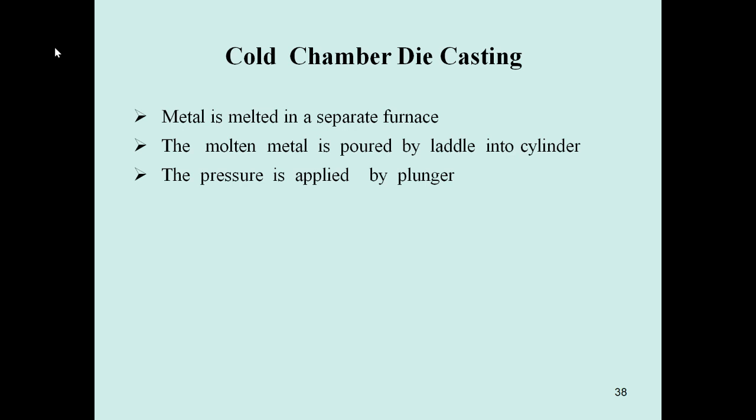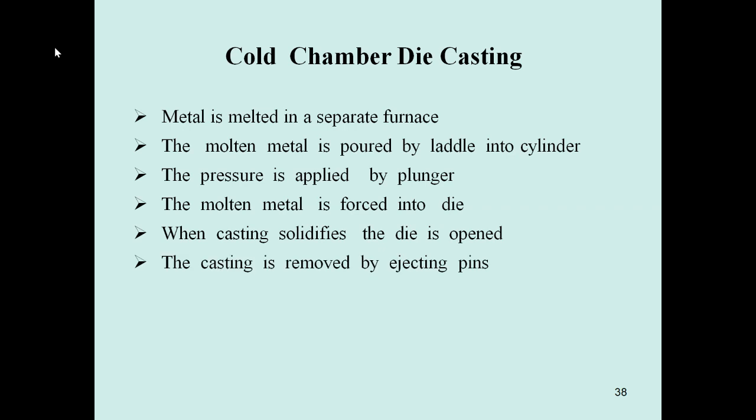Next, the molten metal is forced from the injection cylinder into the die cavity at a pressure of 440 megapascals by using a plunger. Next, the cold chamber process has a longer operation cycle than that of the hot chamber machine.